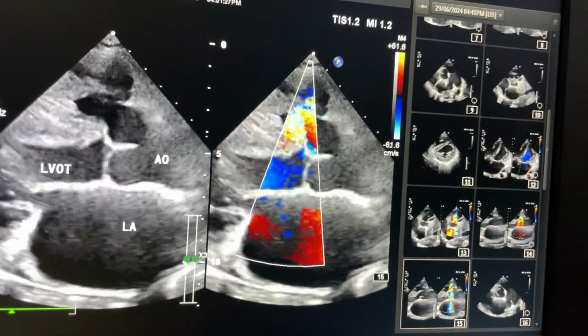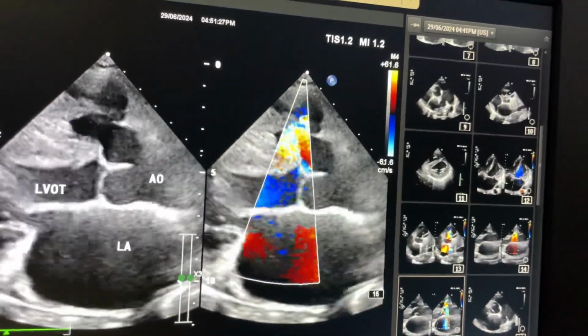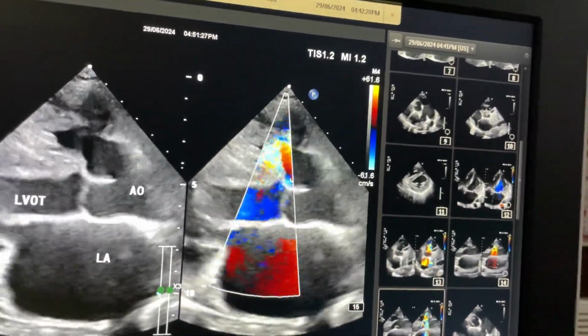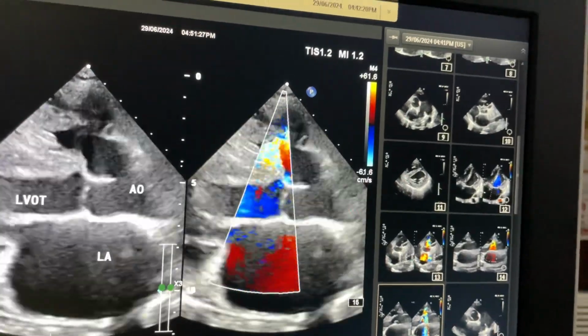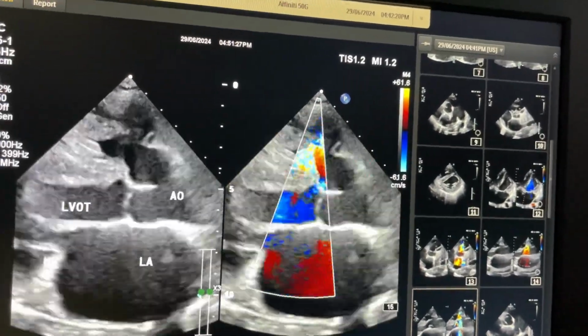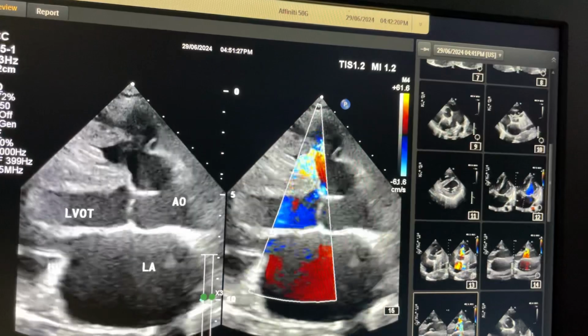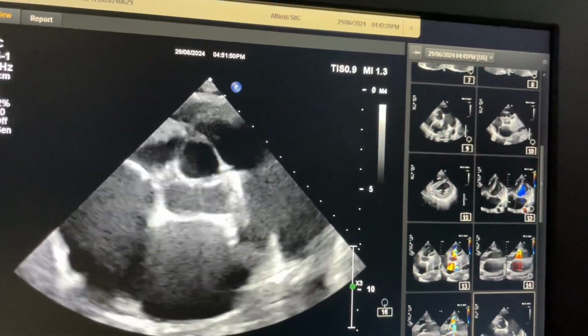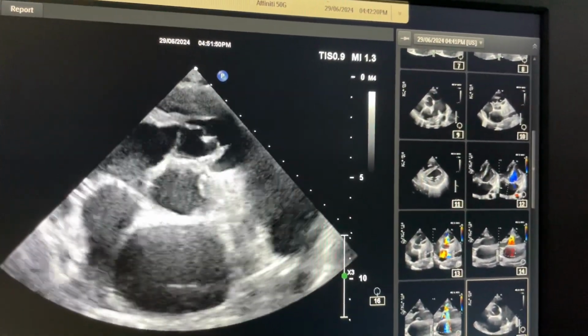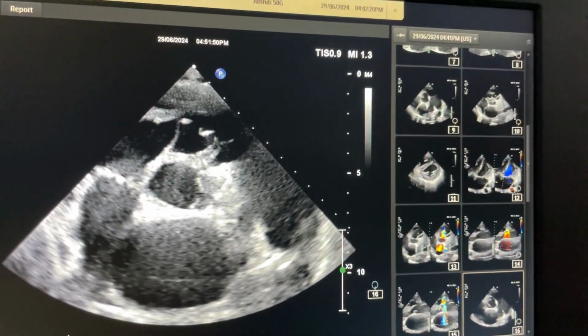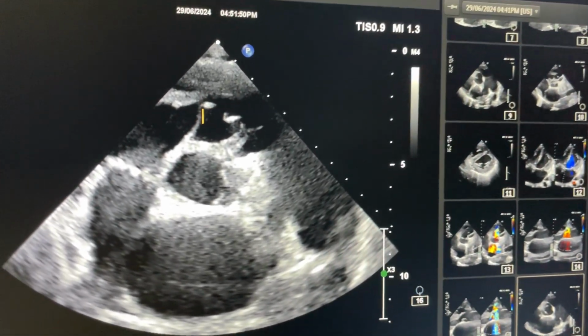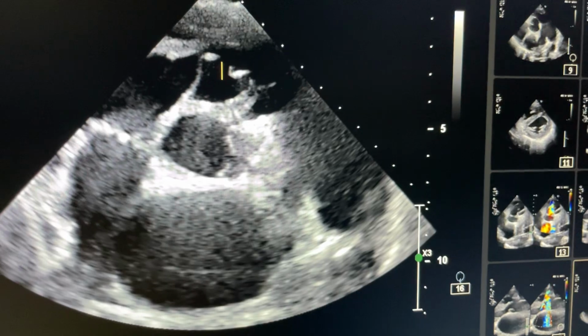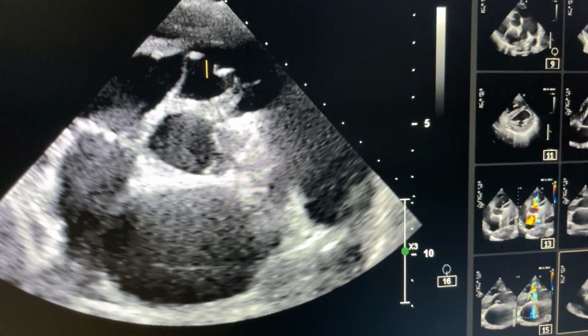A rupture usually happens when there is an aneurysm and finally it gets ruptured. So this is the case of a rupture of aneurysmal anterior aortic sinus. You can see this portion is the aneurysmal portion, and this is the portion where the rupture has happened.